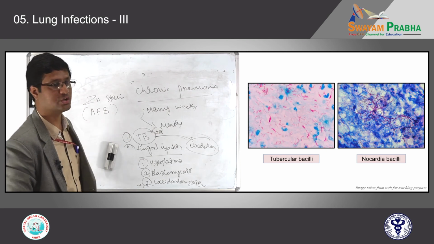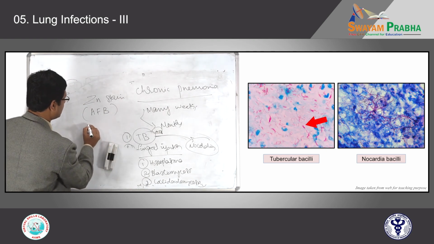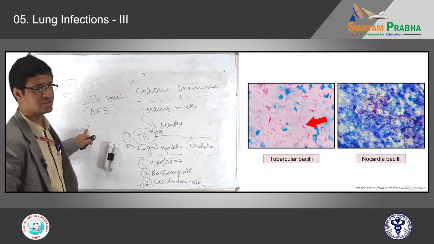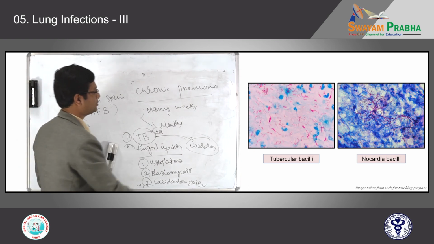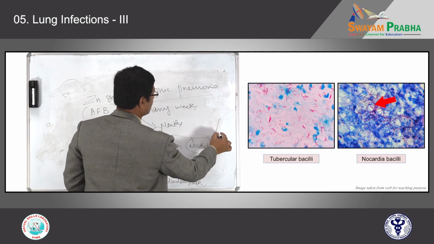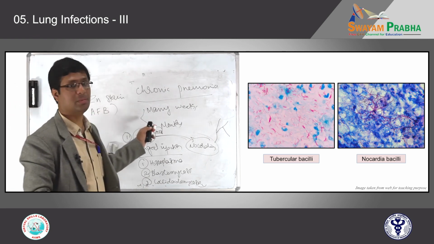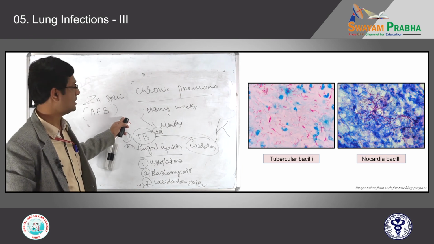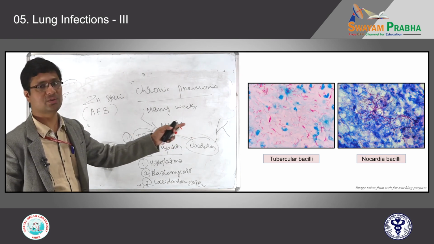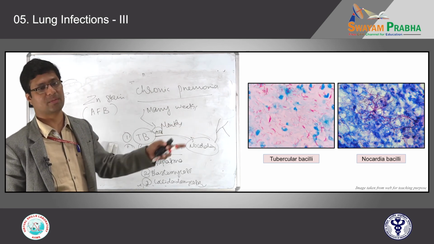The first picture shows Mycobacterium tuberculosis. These are tiny, slender, beaded-like structures. But compared to the next picture, the nocardia species have elongated, branching, acid-fast bacilli. Both will take up the acid-fast stain, but by seeing the morphology, you can differentiate whether it is a tubercle bacillus or a nocardia bacillus.